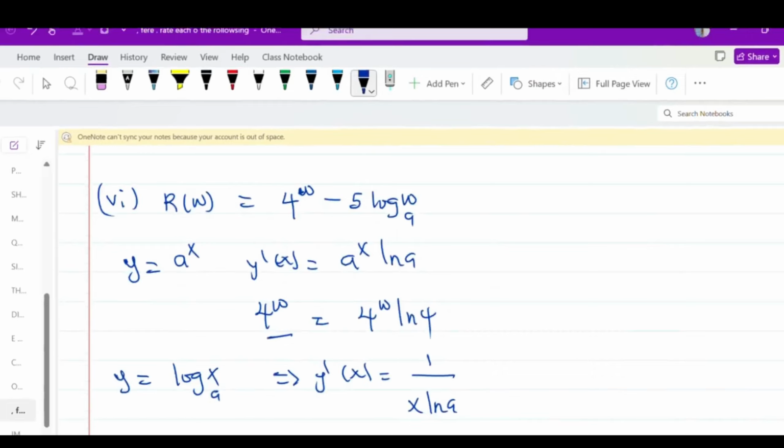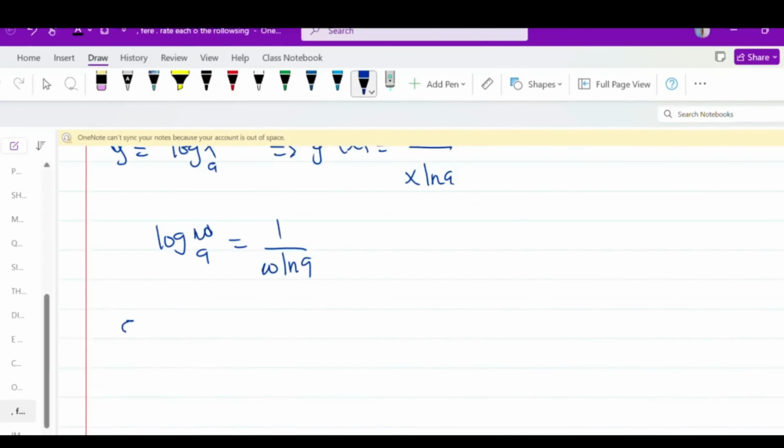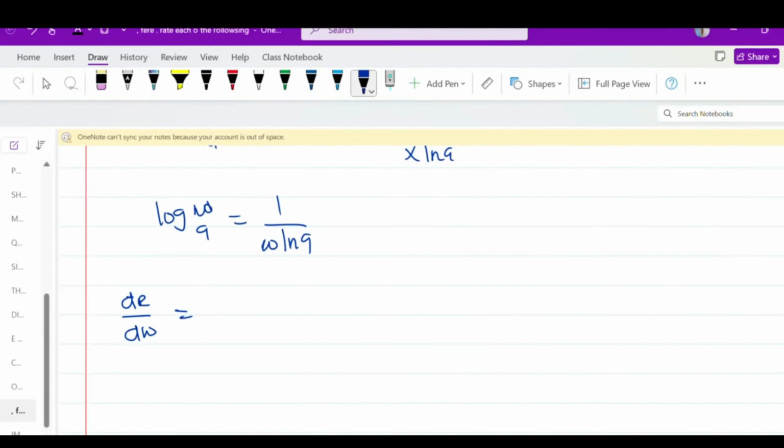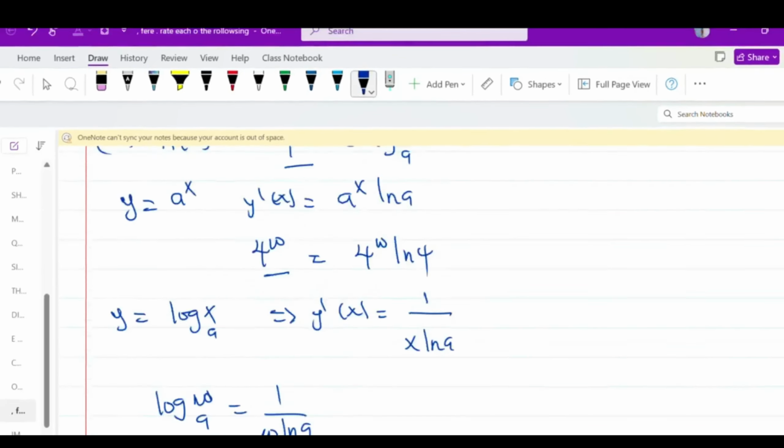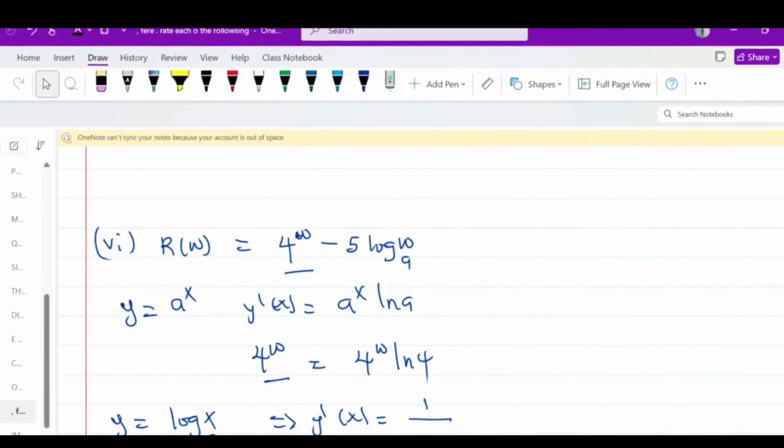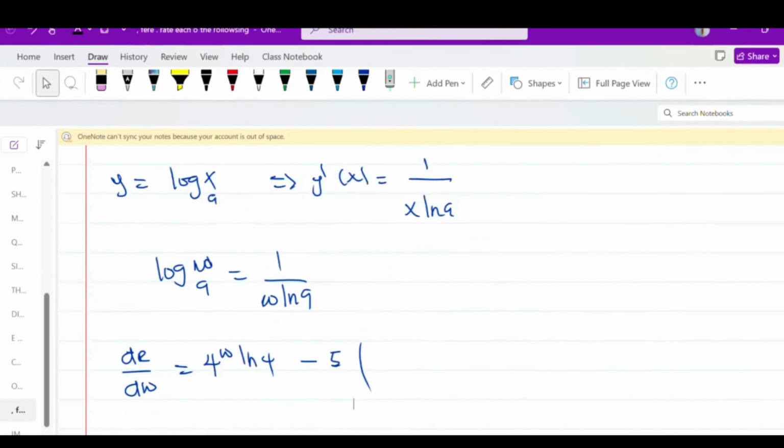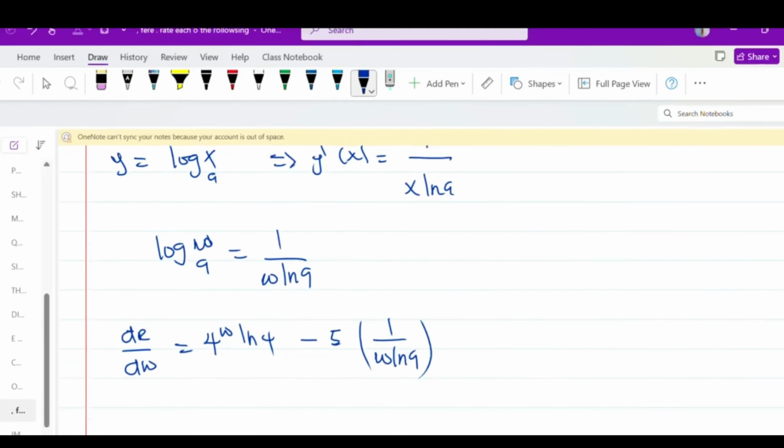So our dr/dw will be, we'll differentiate 4 exponent w, which will give us 4 exponent w ln 4, minus 5 multiplying, we differentiate the log of w base 9, which is going to give us 1 over w ln 9. So our final answer for r prime of w will be 4 exponent w ln 4 minus 5 over w ln 9.